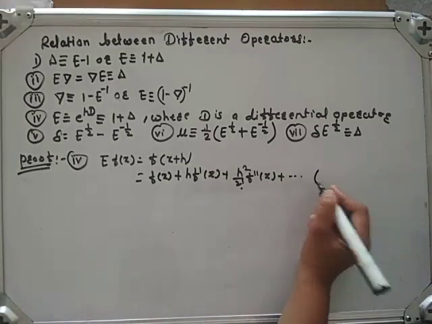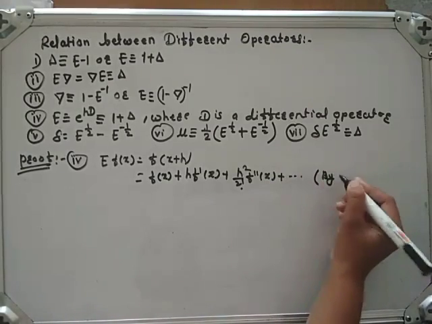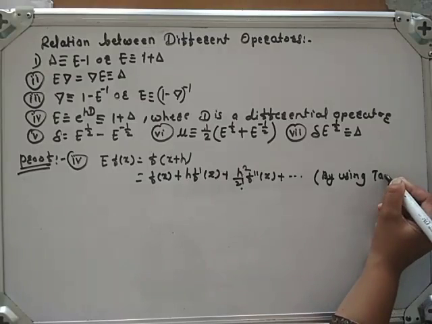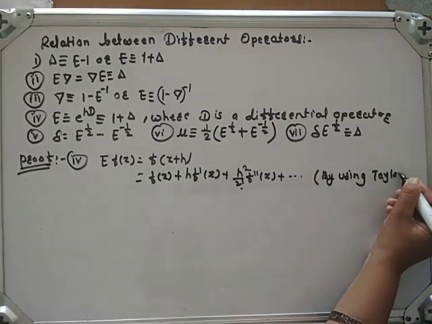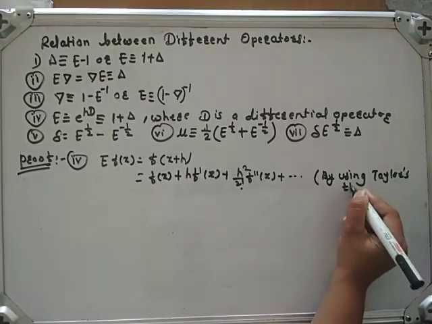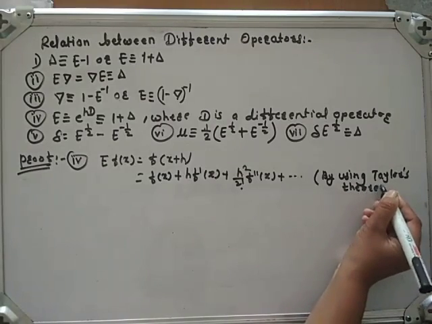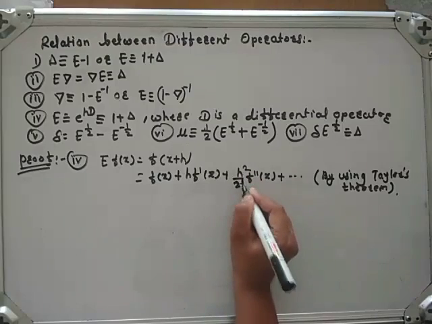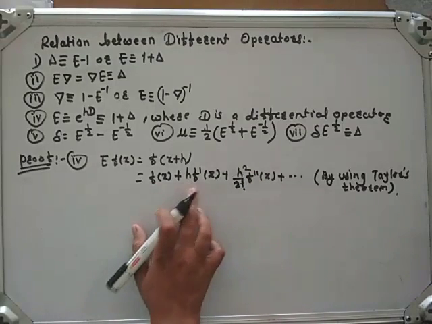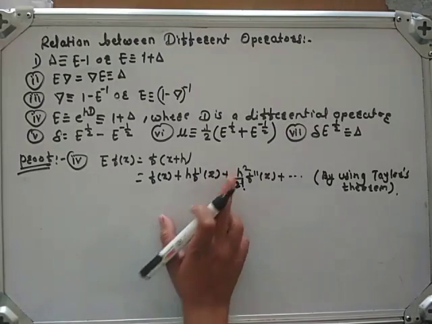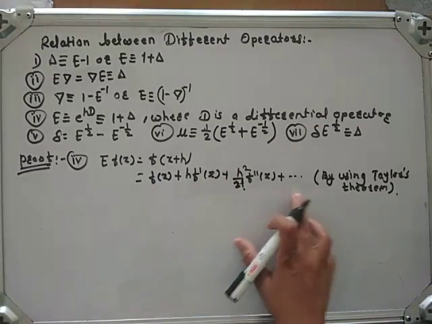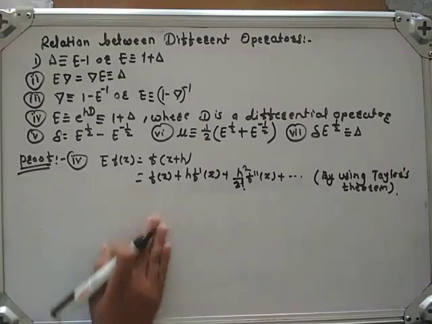This is by using Taylor's theorem. F of x plus h is written as f of x plus h into f dash of x plus h square upon 2 factorial f double dash of x plus and so on.